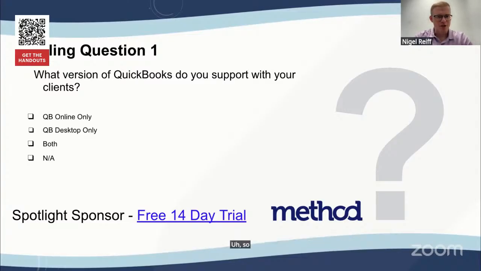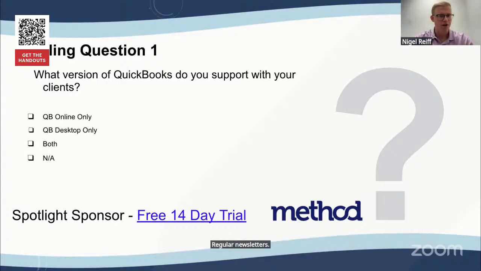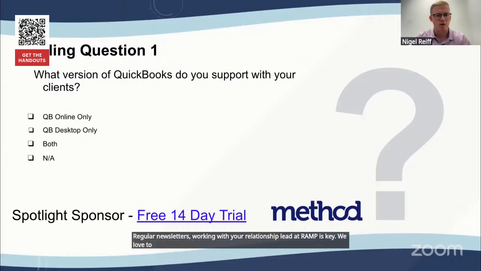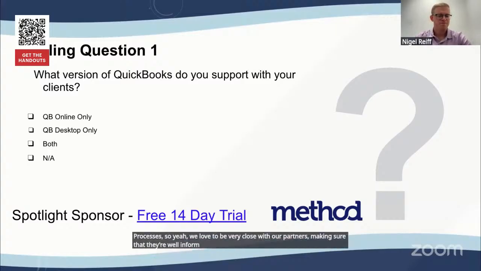So we certainly continue to push the envelope with the capabilities of Ramp, and keeping our partners well informed is a huge component of it. Regular newsletters and working with your relationship lead at Ramp is key. We love to set up quarterly meetings as well to discuss new enhancements and how they can be incorporated into processes. We love to be very close with our partners, making sure they're well informed.